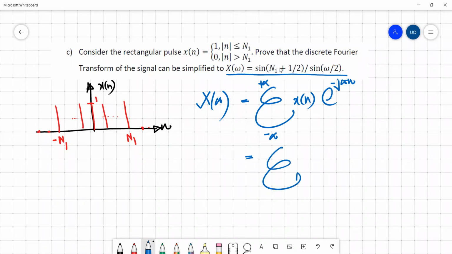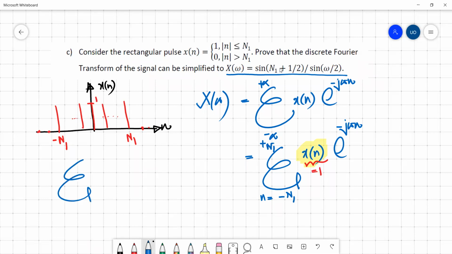So then the summation would be n equals minus n1 to plus n1 x[n] e to the power minus j omega n. For this case, x[n] is actually 1, so we can just substitute 1 here.